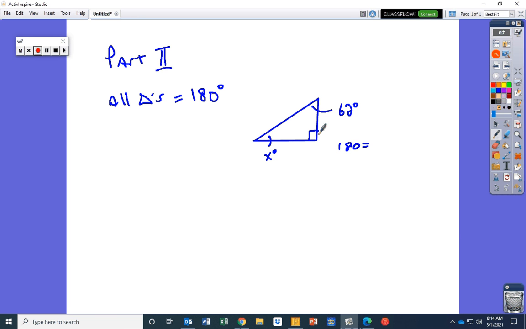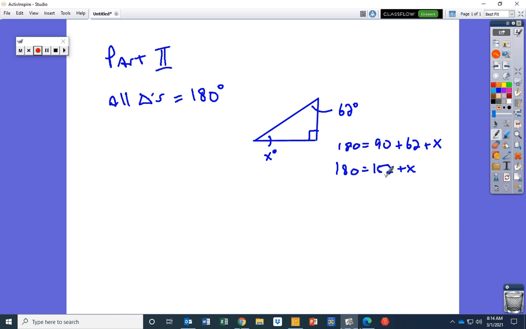I have one angle that equals 90, another angle that equals 62, and another angle that is X. So what's 90 plus 62? 152 plus X, right? Well, how am I going to solve for X here? I need to get rid of what here?